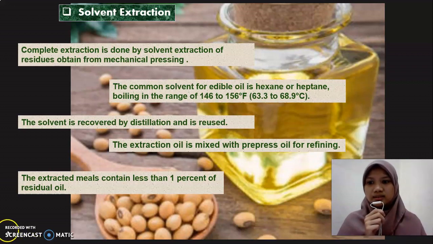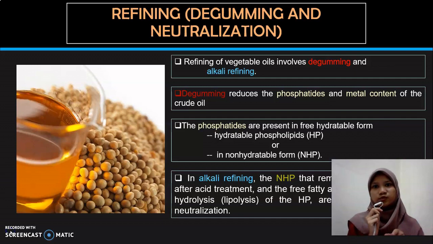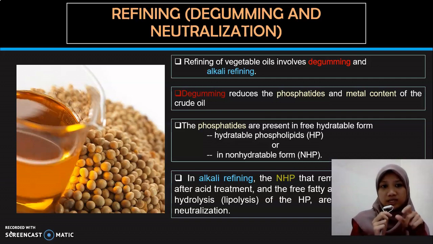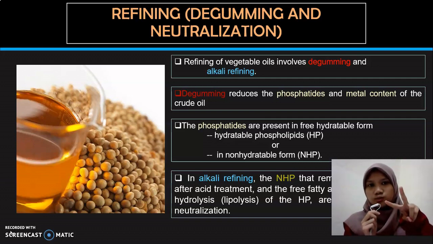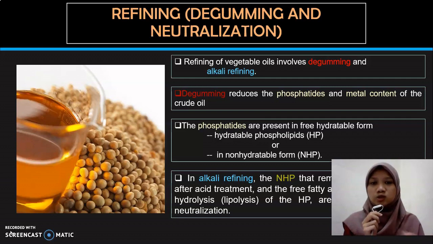So next, we move to the next method to produce edible oil, which is degumming and neutralization by the refining process. In the refining process, two processes are involved: degumming and alkali refining. The function of the degumming process is to reduce the phosphatide and metal content in the crude oil.